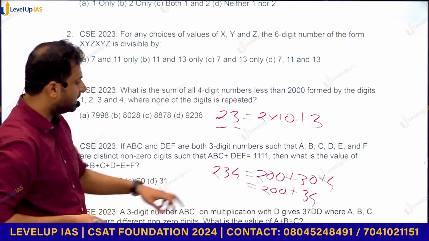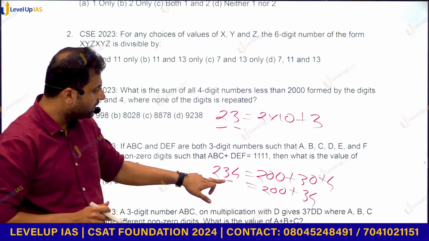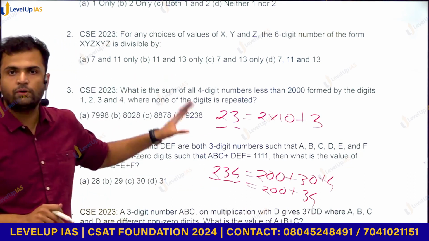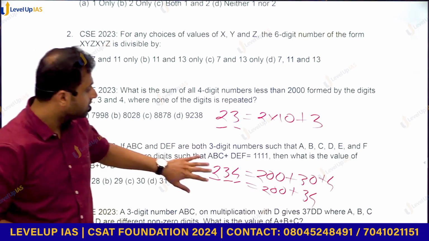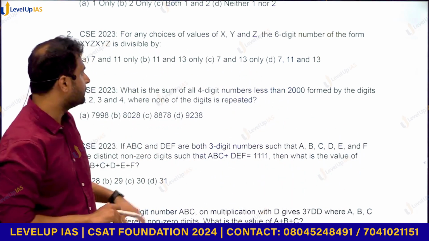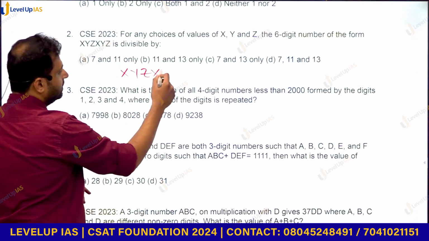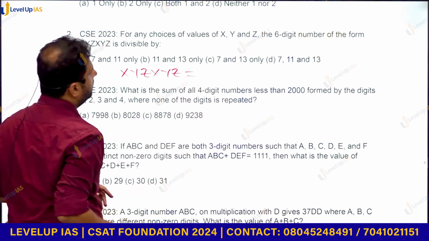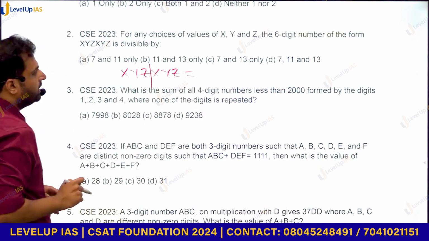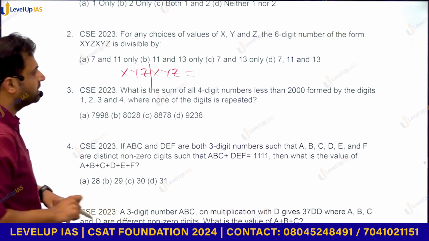In multiple ways you can write. The fundamental thing to note is that here place value is 200, here 30, here 4. This is the place value system in decimal systems that we have learned in school. That is what we will apply in this particular question. So you have this particular number, xyz xyz. You can note that there is symmetry: after 3 digits the numbers are repeating.